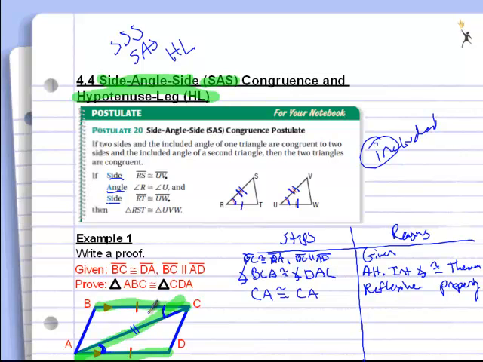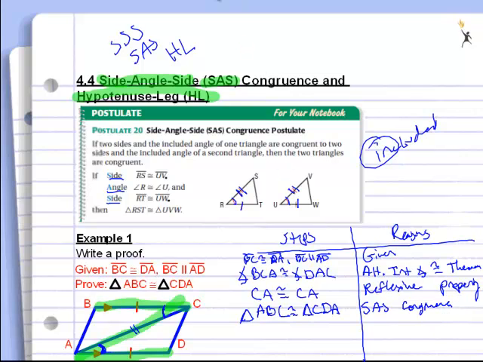What do I have here? I have side angle side congruency. Now that I've proven that, or now that I have those three congruency statements, I can say triangle ABC is congruent to triangle CDA by side angle side congruency.